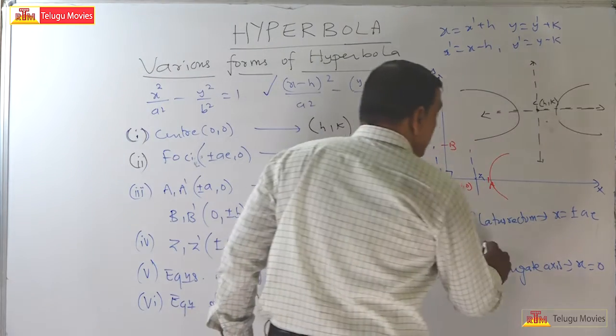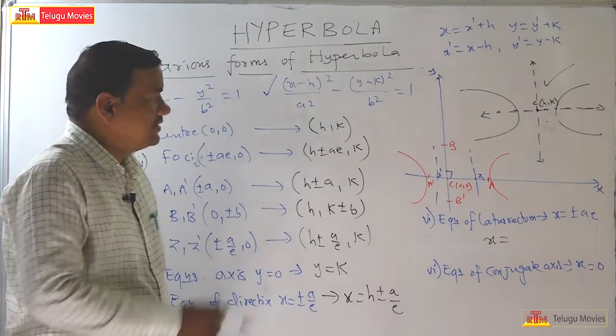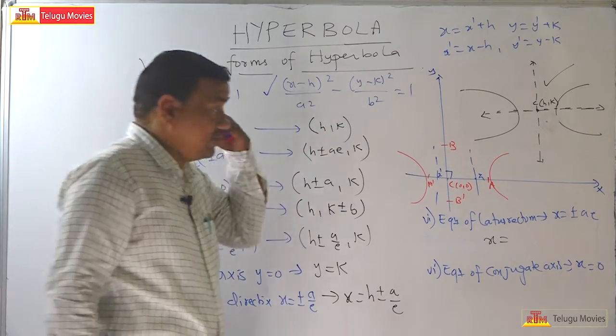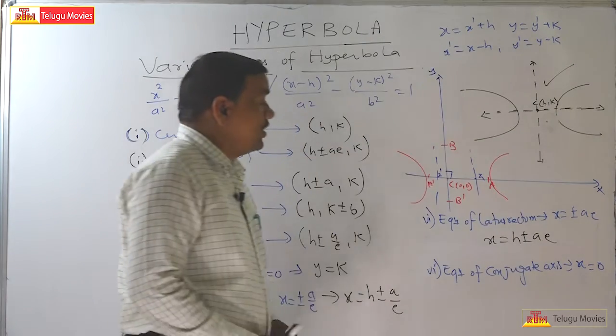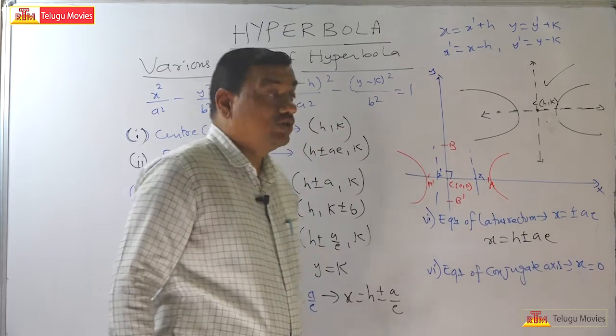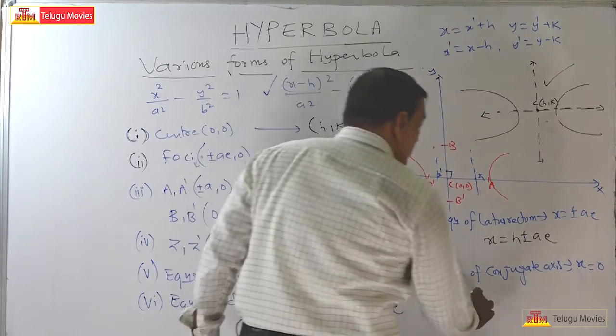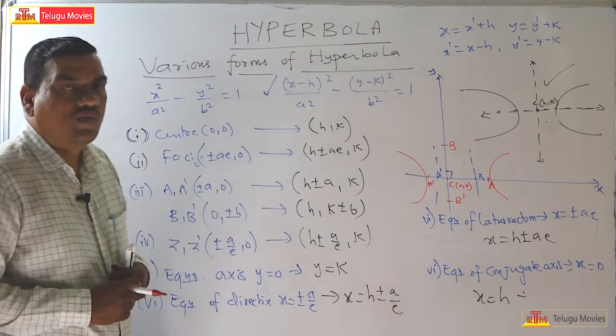So for this transformed axis we get x is equal to h plus or minus a. The equation of the conjugate axis, the y axis, is x is equal to 0, and for that x is equal to h.